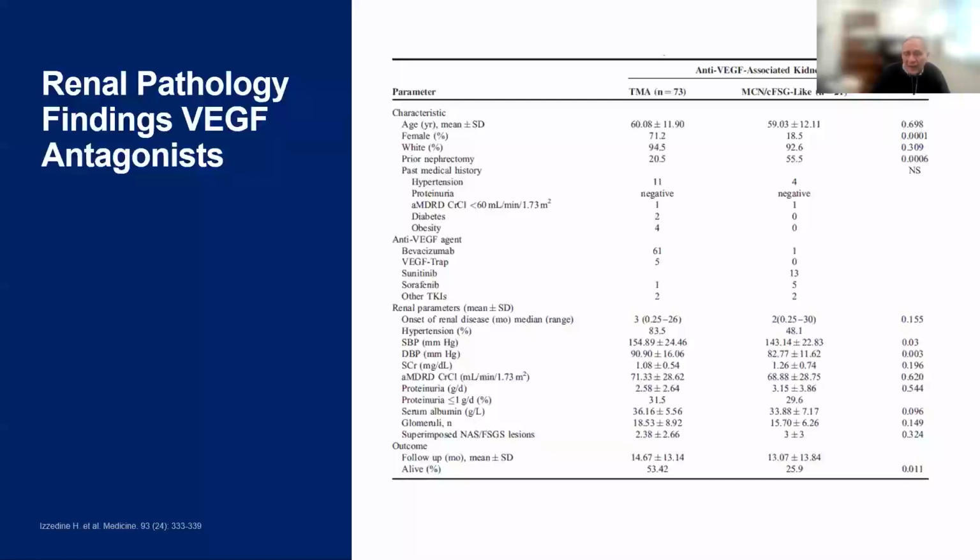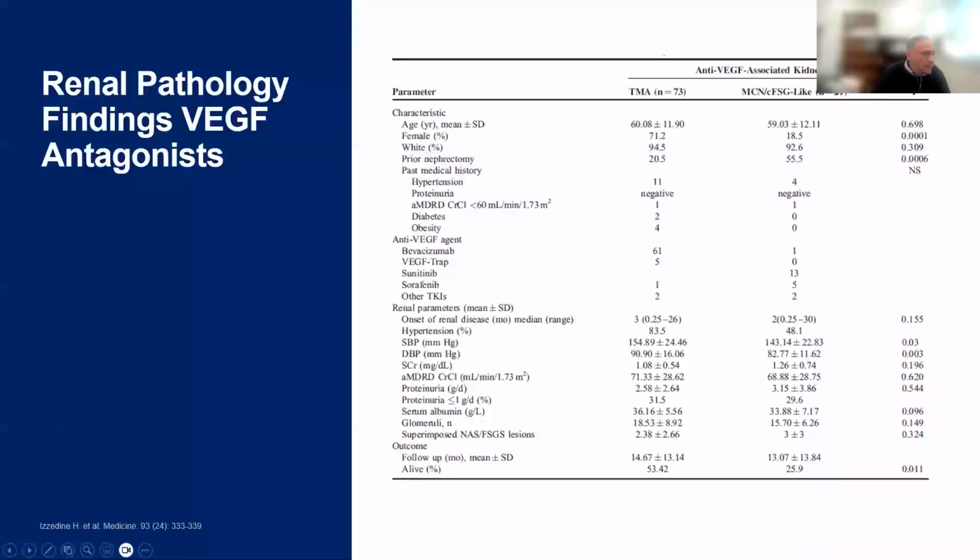There are some guidelines from ASCO that suggest that after 2 grams, they need to stop the TKI or the anti-VEGF therapy. But the evidence for that is still kind of opinion-based. At our institution, we are now doing a clinical study looking into whether or not the proteinuria is really linked to any different outcome, especially because we want these patients to benefit from the therapy they're receiving for their cancer.